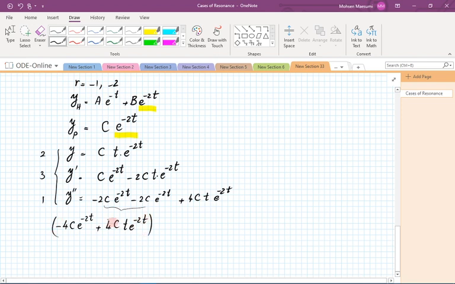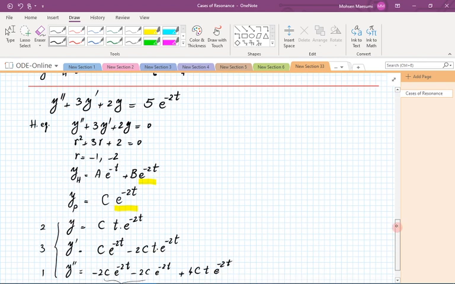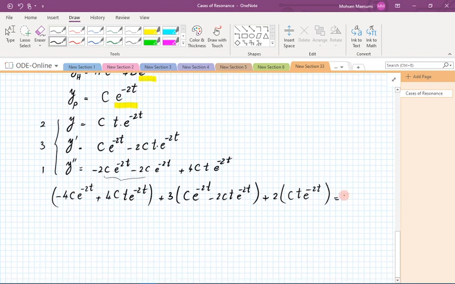So that is this term. 3 of the middle, so 3 of c exponential of minus 2t minus 2ct exponential of minus 2t, and 2 of this, 2 of ct exponential of minus 2t, and our promise is that this can reproduce the right hand side, 5 exponential of minus 2t.